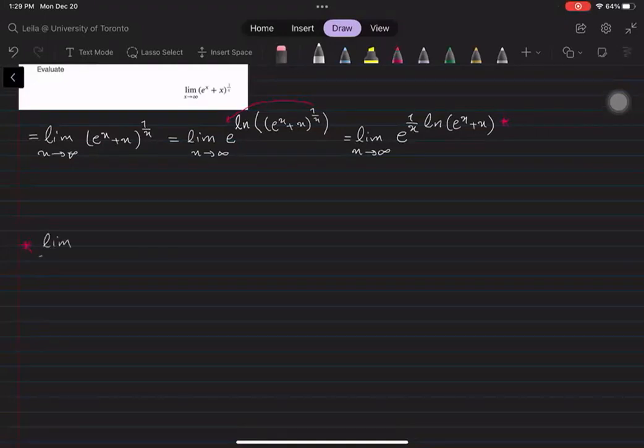And so you have the limit as x goes to infinity of 1 over x times ln of e to the power of x plus x. And here you have infinity over infinity, so you're going to use L'Hopital's rule again.